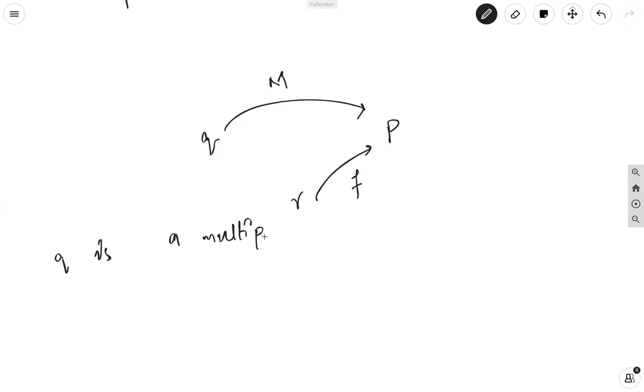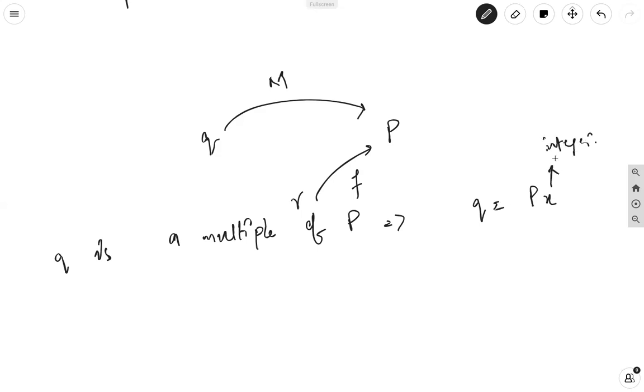We have Q, P, and R. Q is a multiple of P, and R is a factor of P, right? We can write that as Q is equal to Px, where x is an integer.